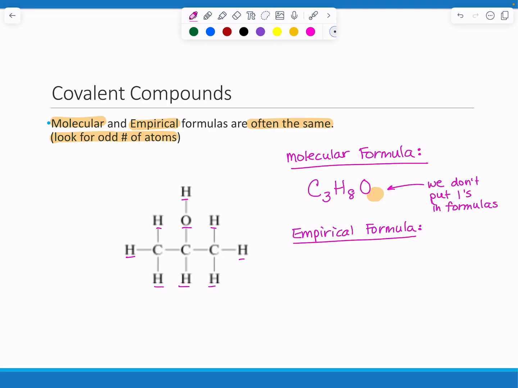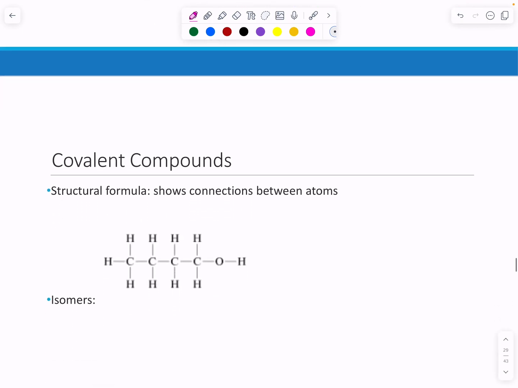So there's nothing we can divide by, right? If we divide by anything, we'll wind up getting a fraction. So the empirical formula for this is C3H8O. Okay, all right. So that is the molecular versus the empirical formula.